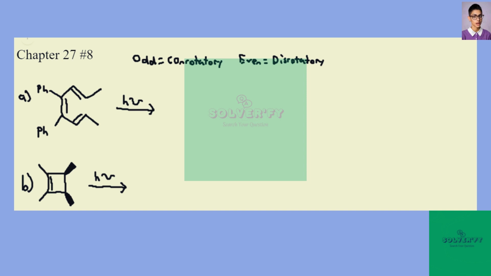So if we consider A first, we can see that we have 3 double bonds in this molecule. 3 is an odd number, obviously, so this is going to be conrotatory. So I'll just write con down there. So we can go ahead and draw our product.